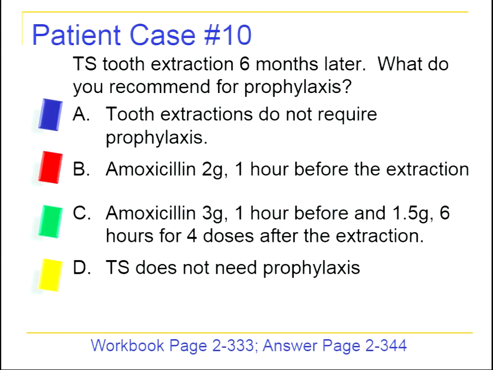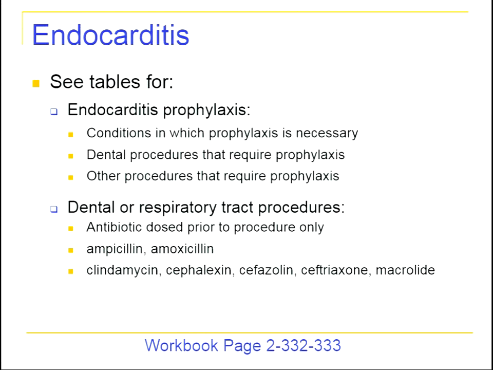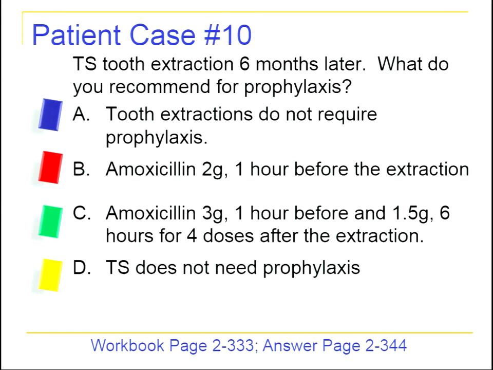The recommended therapy is also in table 16 in your handout. And the antibiotics are only to be dosed prior to the procedure, and generally ampicillin or amoxicillin, usually amoxicillin, and there are some alternatives for people who have allergies that you can use as well. So in this patient, he does need it because he has that history of endocarditis, so that's his condition that puts him at risk.